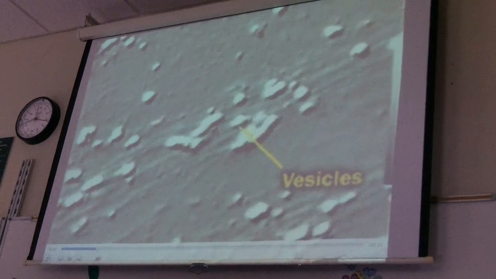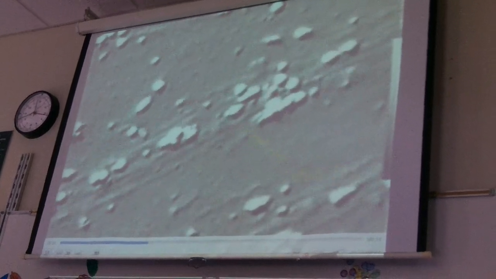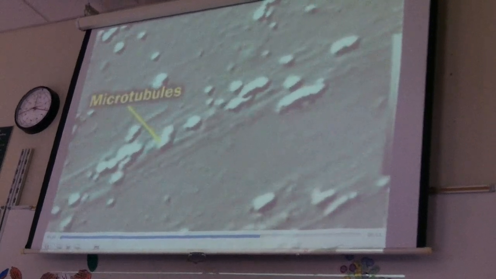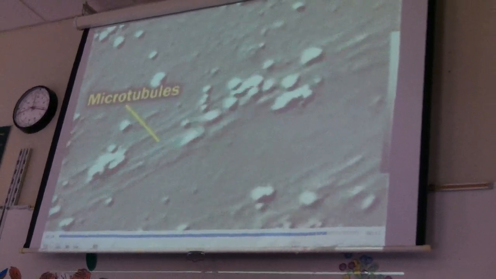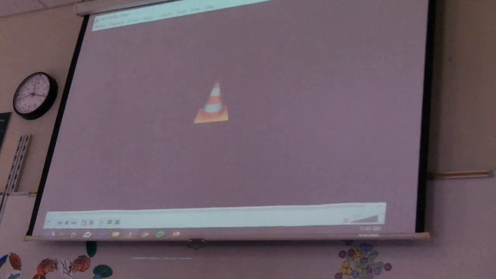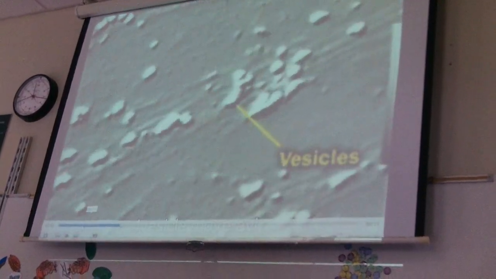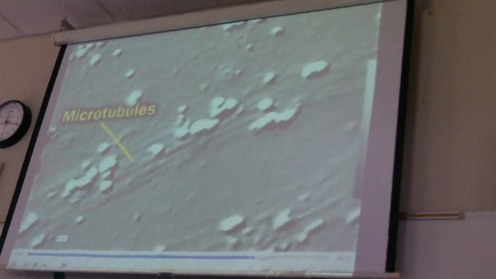And you can see how the vesicles move along the tracts. This is just looking up close at one part of a cell. Think about this. This is going on inside your cells right now, inside every one of them. There's all this activity, and you have 80 trillion cells in your body.